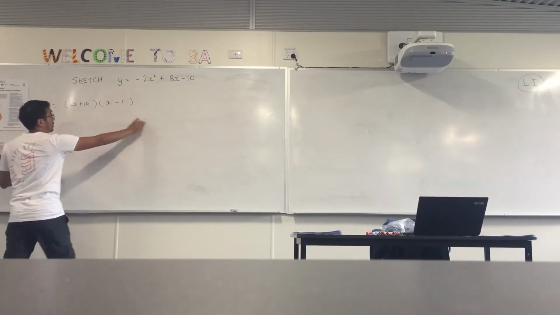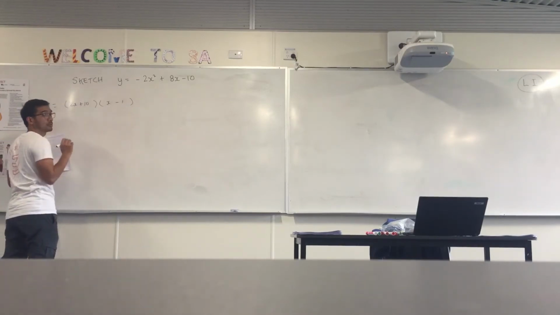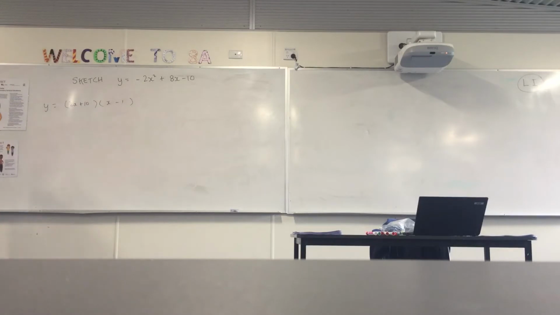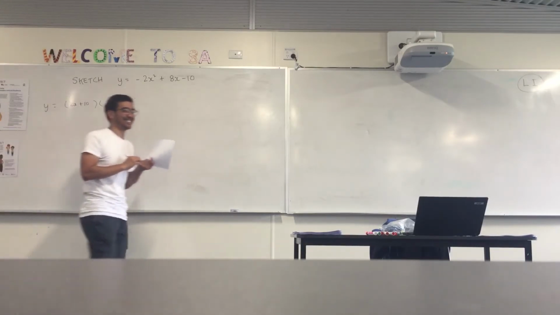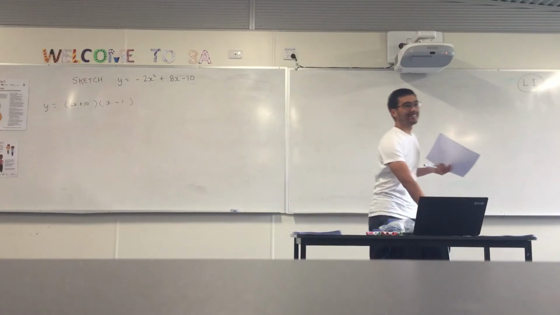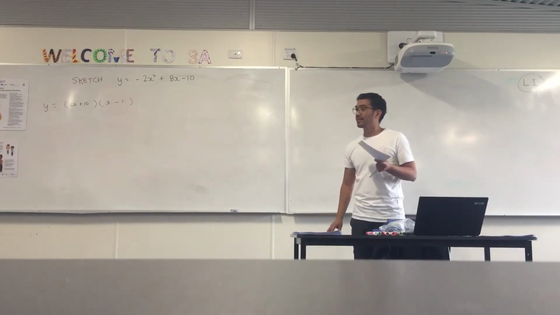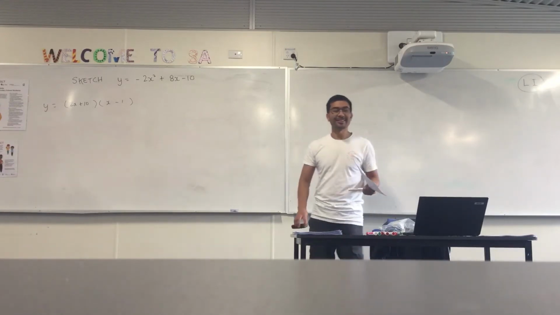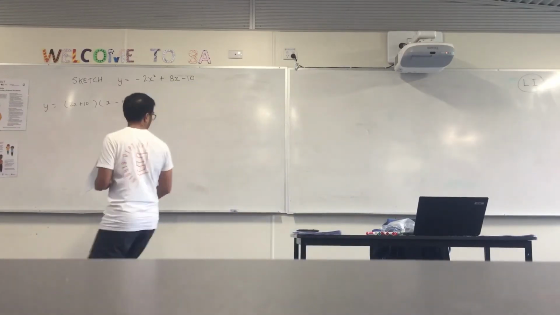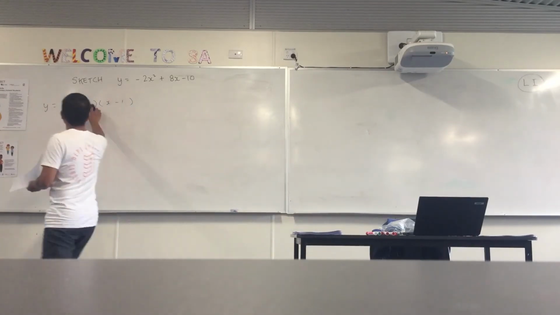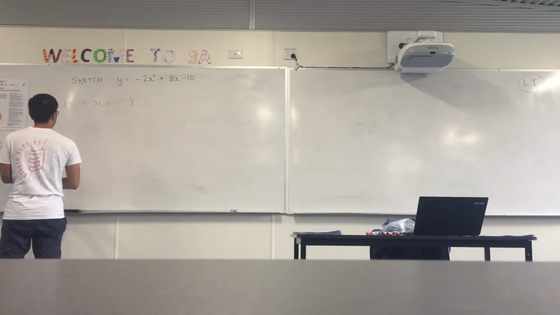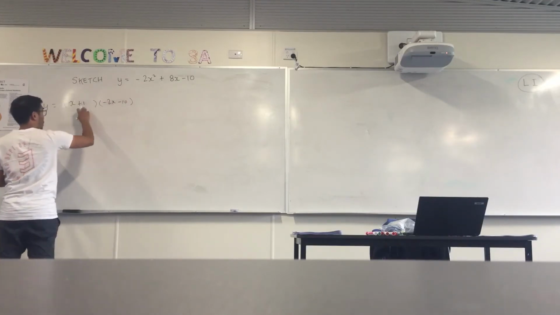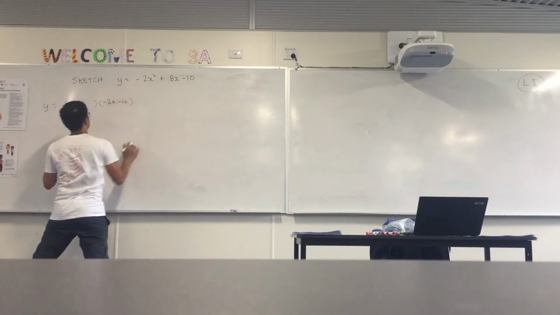10 times the negative 1 is the negative 10. No, wait, is it minus 2? Why don't you just do perfect square? Can't you just go straight into perfect square? I don't know if it's correct, but I got x plus 1 and negative 2x minus 10. 1 times negative 10 is negative 10.